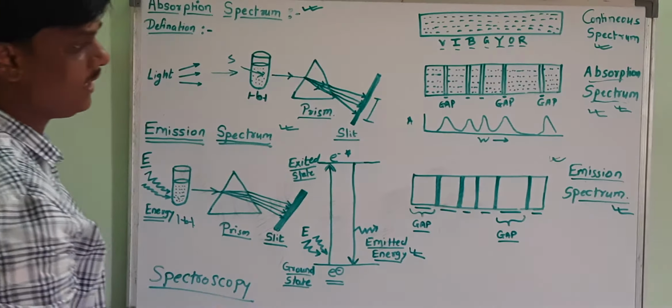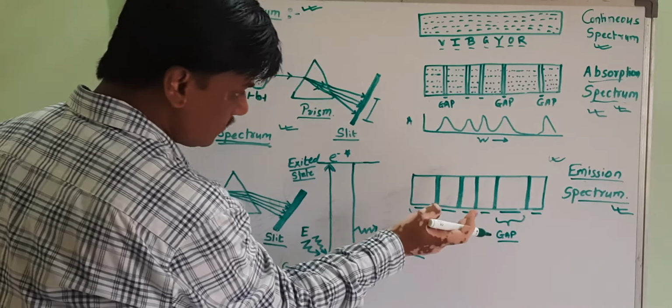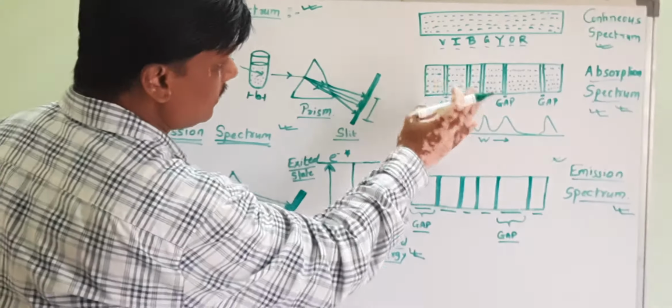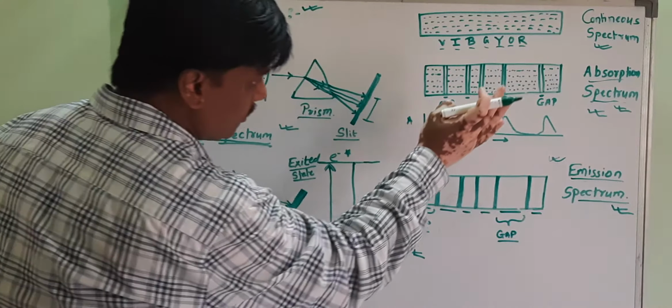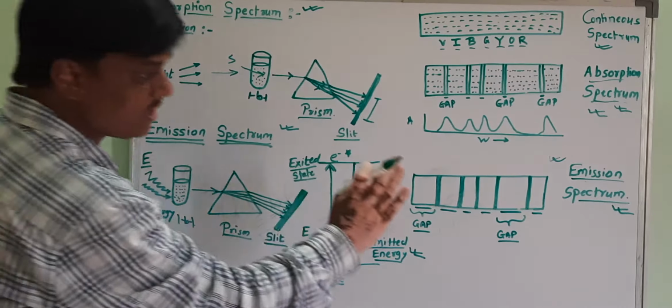That is what we call the emission spectrum, and the absorption spectrum is the negative of the emission spectrum.